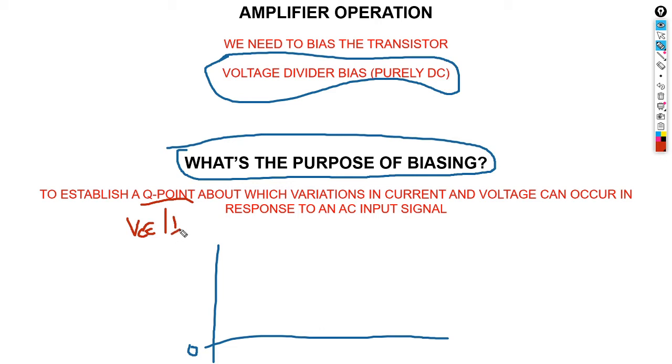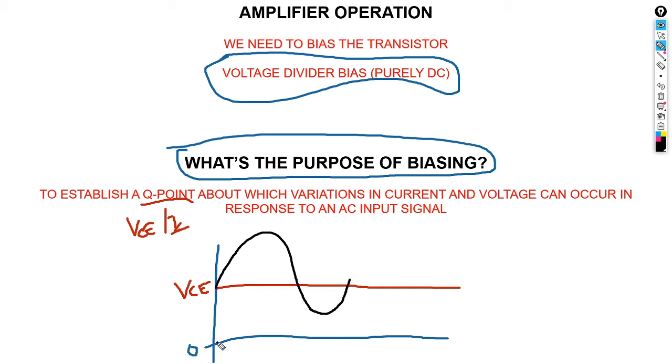When you bias it, your Q point may go somewhere there. Let's say your VCE is there after biasing your diode. Once you bias it, what will happen is that the variation in current and voltage will occur at your Q point.